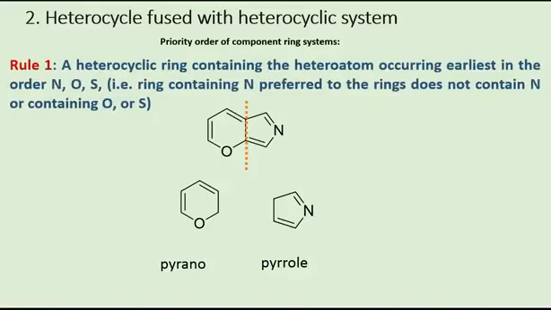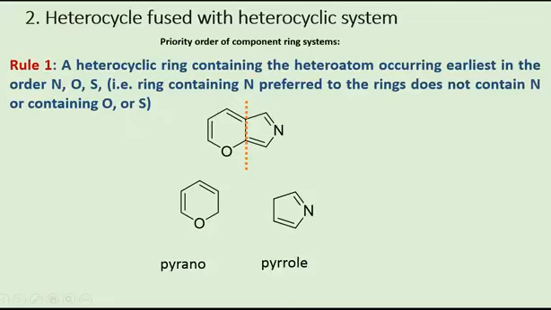So here we have certain rules, about 7 rules are there. Let's see every rule, and an example case study we'll see in this presentation. In case of rule 1, a heterocyclic ring containing the heteroatom occurring earliest in the order N, O and S. That is, the ring containing N is preferred to the rings that do not contain N, or contain oxygen or sulfur.